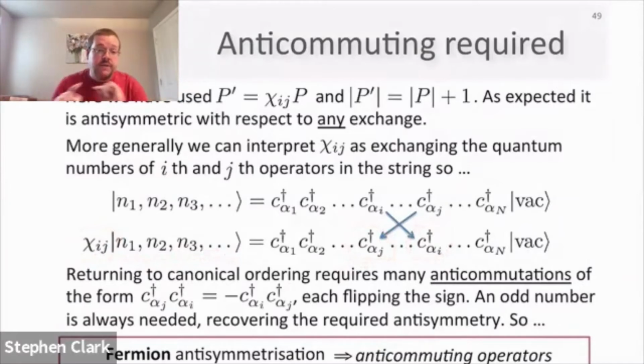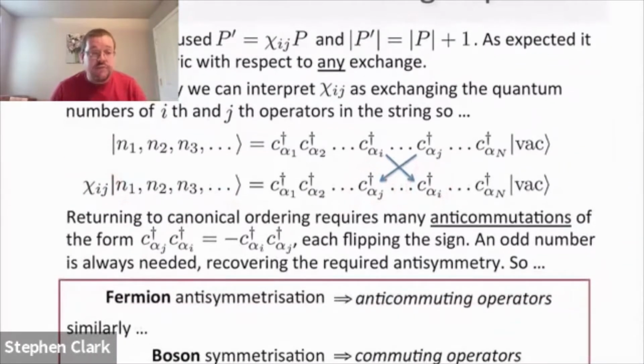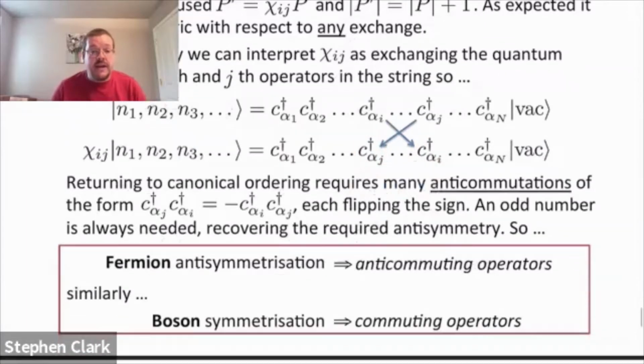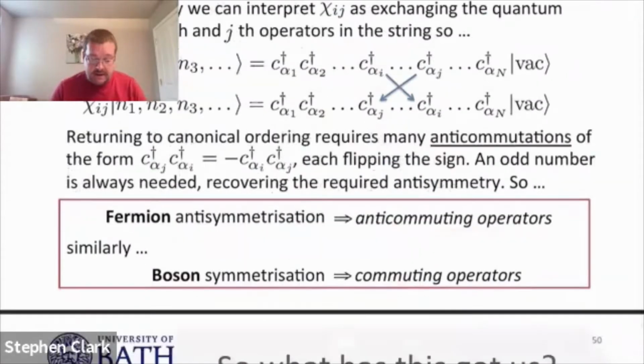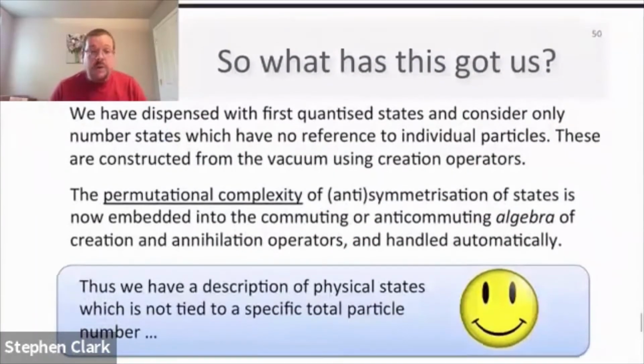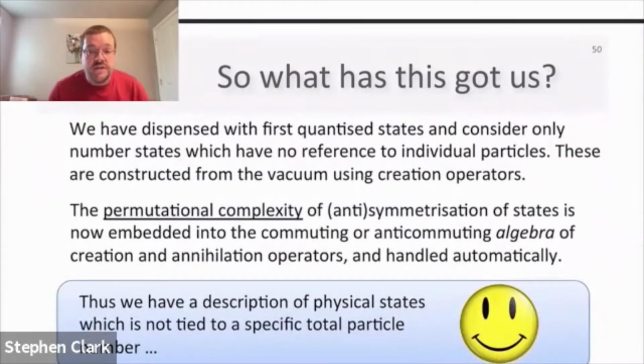It just swaps them around, and because it swaps them, you need to anti-commute them to put them back in their original ordering, and you always pick up a minus sign from this. So it proves that the anti-commutativity of creation operators creates the correct exchange statistics that you need. Namely, fermionic anti-symmetrization is precisely why we must have anti-commuting operators, and boson symmetrization is why we must have commuting operators.